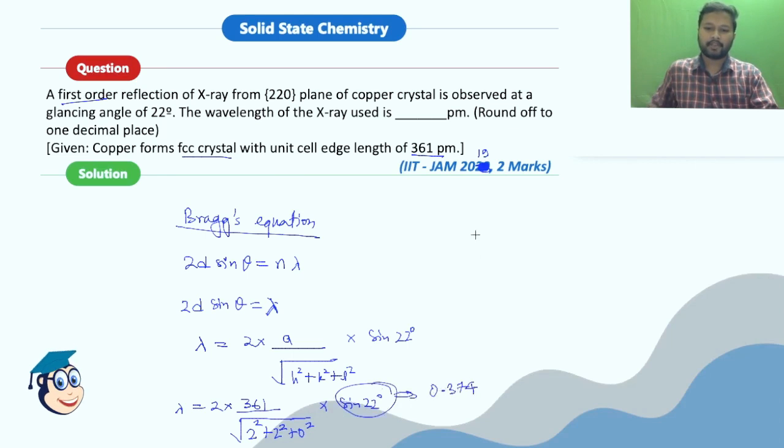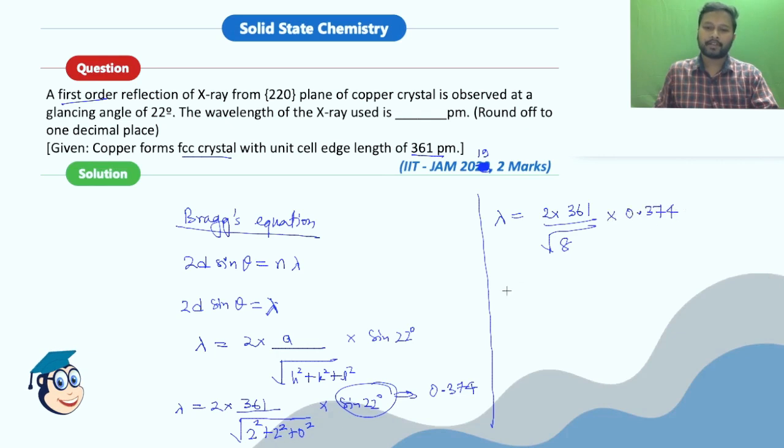0.374. So if you put everything, your lambda will be 2 into 361 divided by under root 2 square is 4 plus 4, so under root 8 basically, and into 0.374.